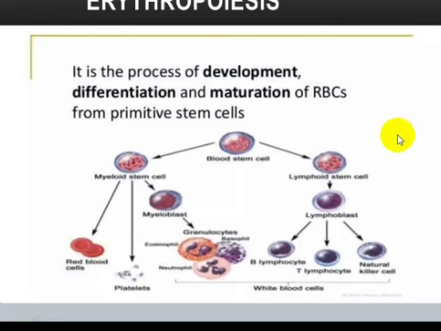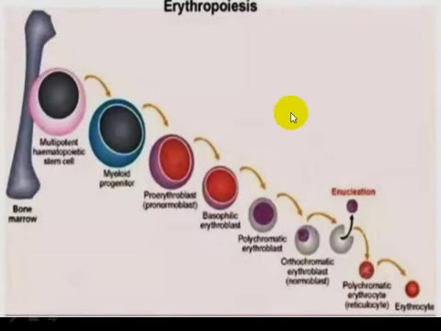Erythropoiesis refers to the production, growth, development, and maturation of red blood cells or erythrocytes.